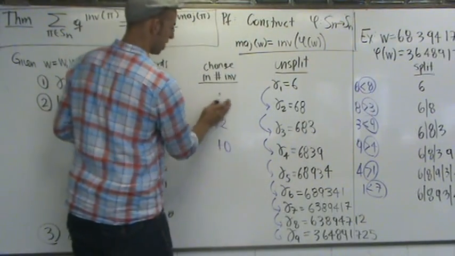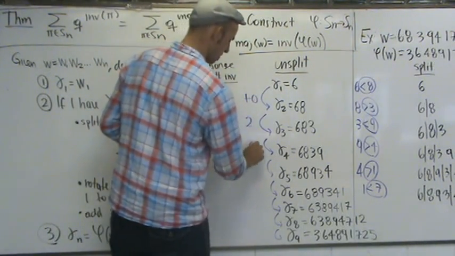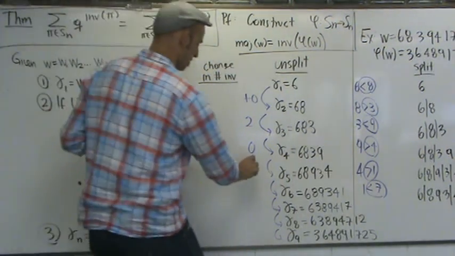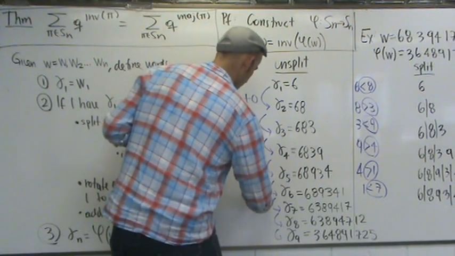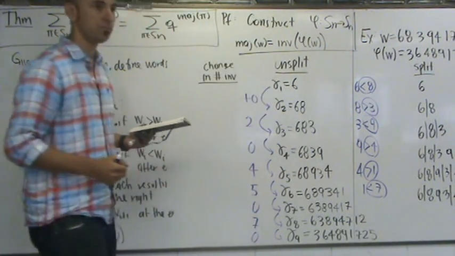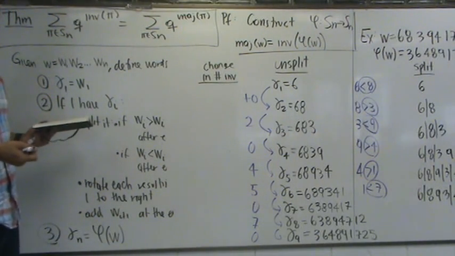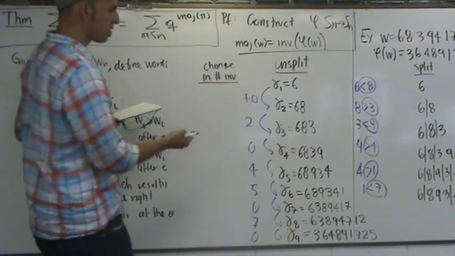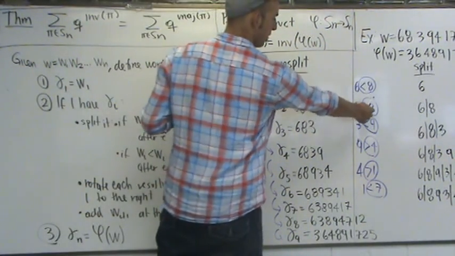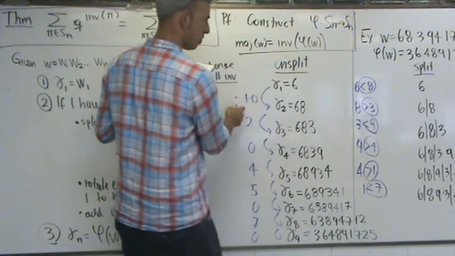Actually, it's easier if I just write it up a little bit closer. So plus 0, plus 2, plus 0. And if you do it, you'll find that this is plus 4, plus 5, plus 0, plus 7, plus 0. This shouldn't be obvious, but it's true. And so you see, how do the inversions go up? They go up whenever you have a descent. If I don't have a descent, plus 0.